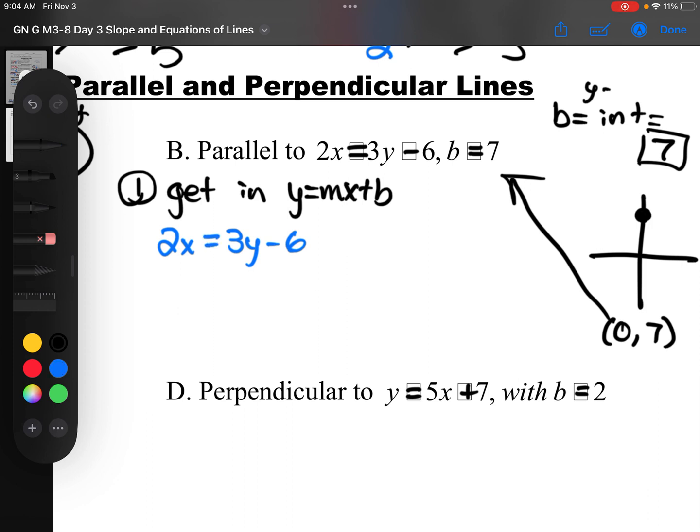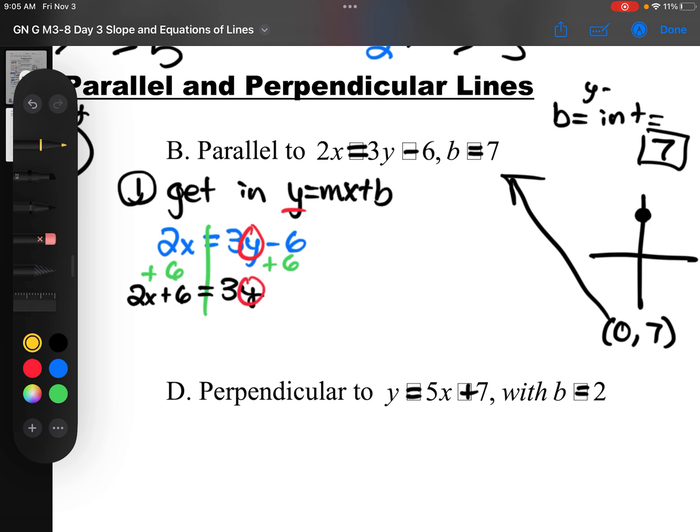Okay, so we need to solve for y to get it y equals something. So we want to get this by itself on one side. I'm going to go ahead and add 6 to both sides. If I do that, we get 3y equals 2x plus 6. My next step would be to keep solving for y.